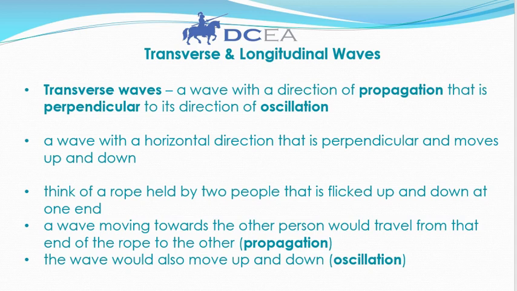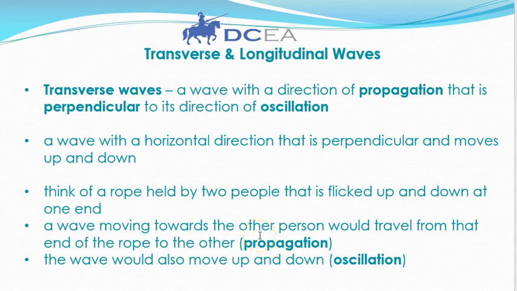So a transverse wave is a wave whose direction of propagation is perpendicular to its direction of oscillation. In other words, a wave with a horizontal direction that is perpendicular and moves up and down. Think of a rope held by two people that's flicked up and down at one end. A wave moving towards the other person would travel from that end of the rope to the other end of the rope, and that's called propagation.